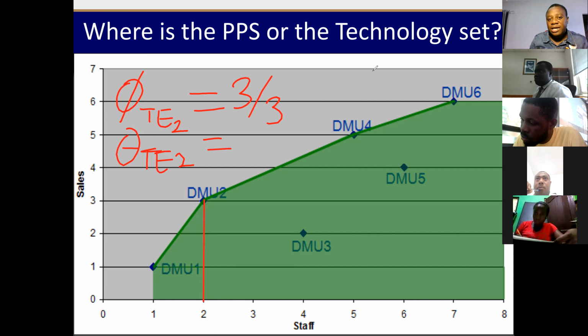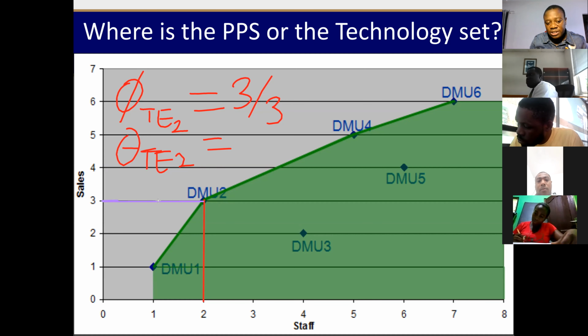The input technical efficiency is going to be the distance from the origin to the firm divided by the distance from the origin to the frontier.